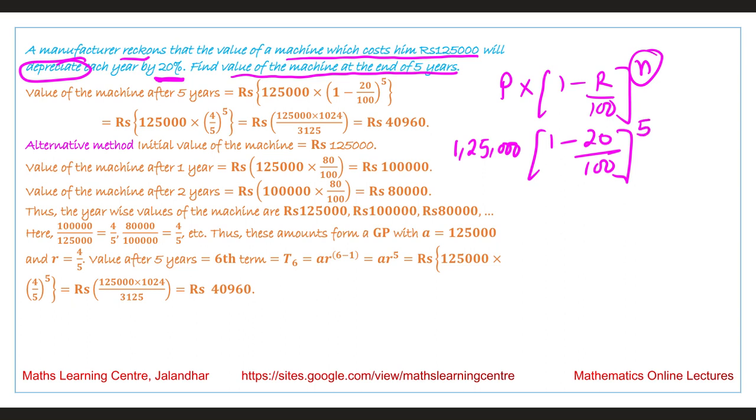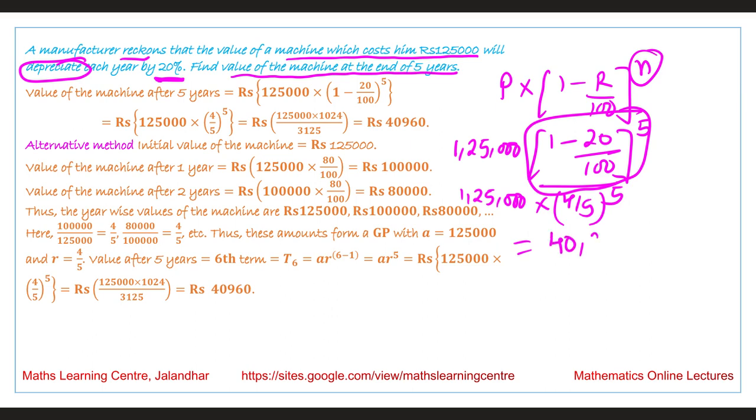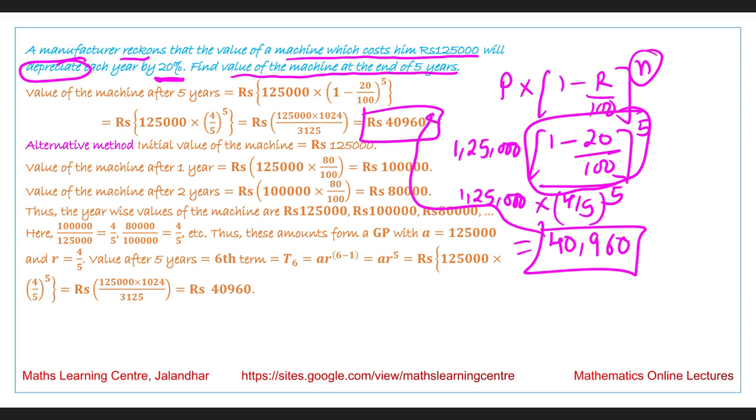On solving, this value is 4 by 5 raised to the power 5 into 1,25,000. So the answer we obtain by multiplying these values is 40,960 rupees. So this is the final answer we obtain in this case.